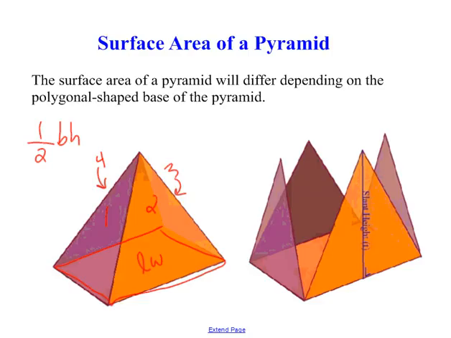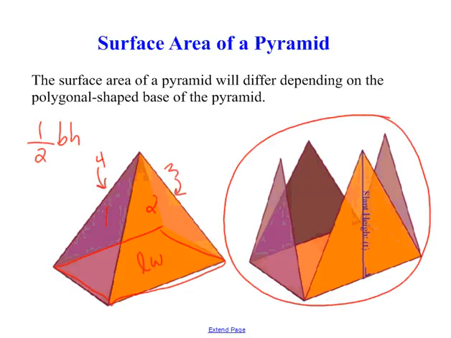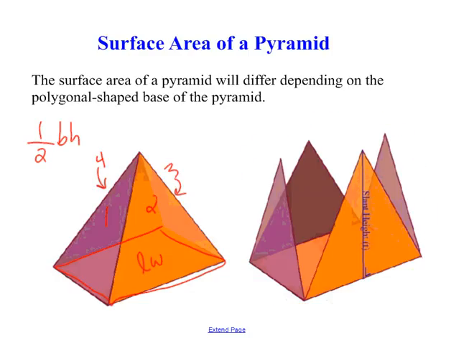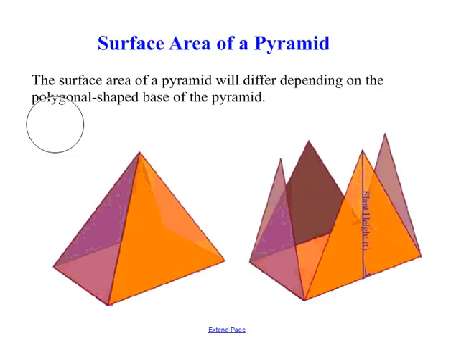Now in the diagram on the right, this is pointing out a very important feature of a pyramid. When you have a pyramid, you have the height of the pyramid as well as the height of the triangular face. So let's go back over here. Now, the height of the pyramid on the left will be from the very top of the pyramid down to the base of the pyramid. That's the height of the pyramid. But that is not the height of the triangular faces.